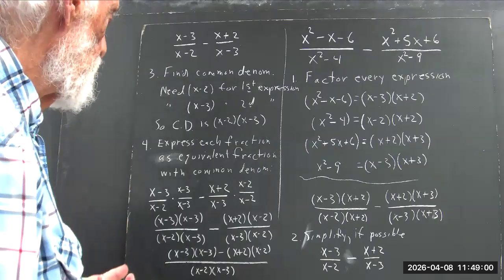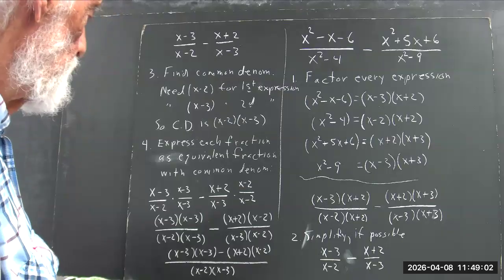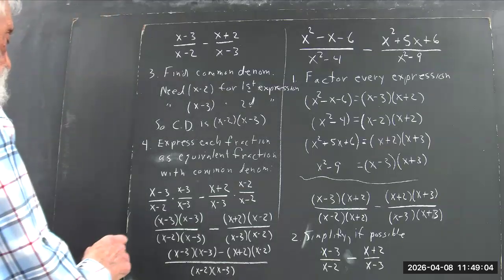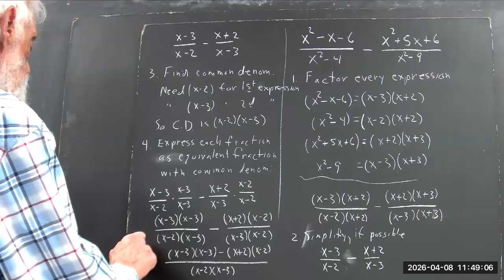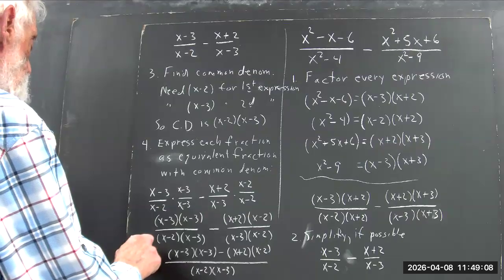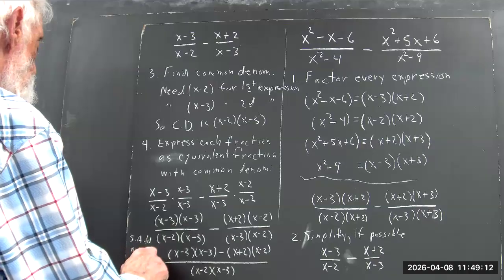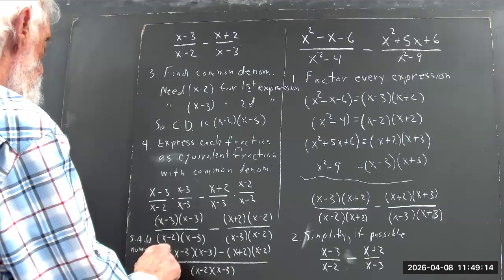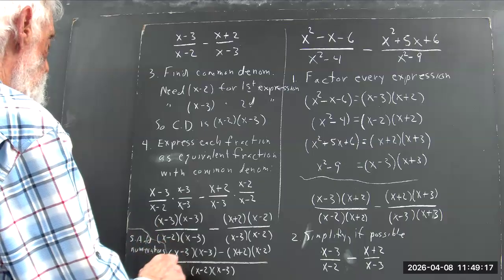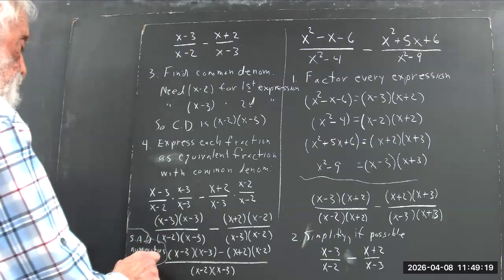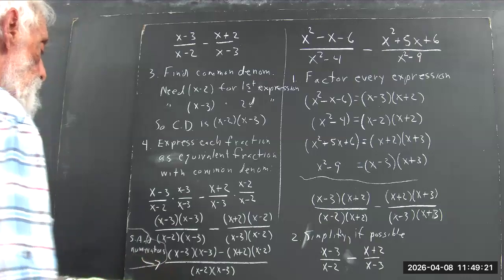At this point, I should have said we have a step 5, which is subtract numerators, which is what we've done here.